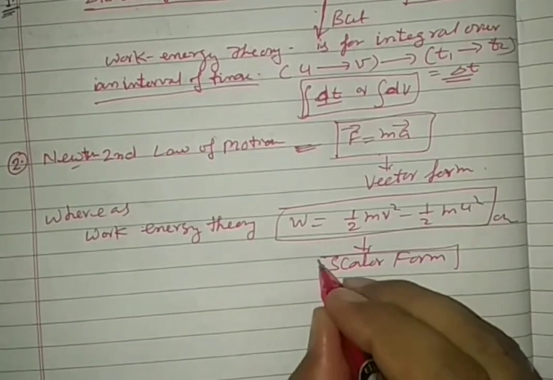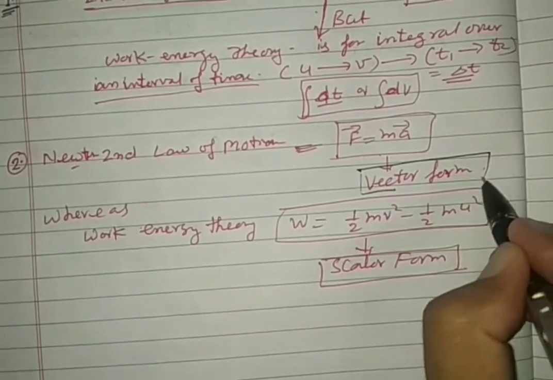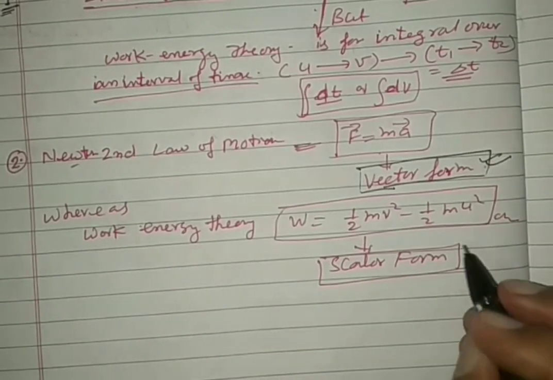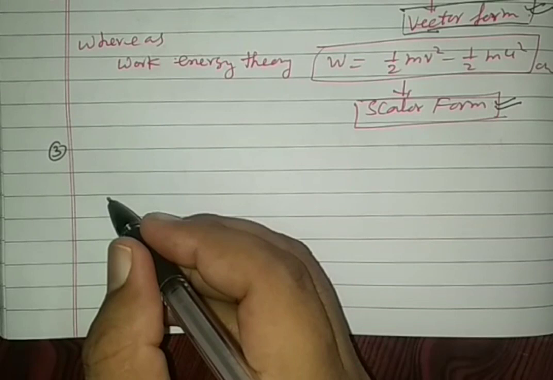So a very important point here is that the second law of motion is in vector form, whereas the work energy theorem is in scalar form.